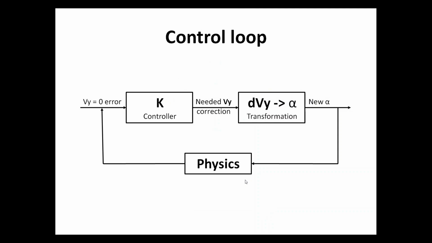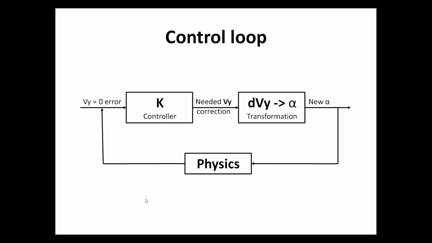Our control loop looks a little bit difficult, but it's actually very simple. We want our Vy, the speed in the height measurement, to be 0. So we are looking to have a trim flight, a very straight line flight, and not like a sinus or some controlled flight.